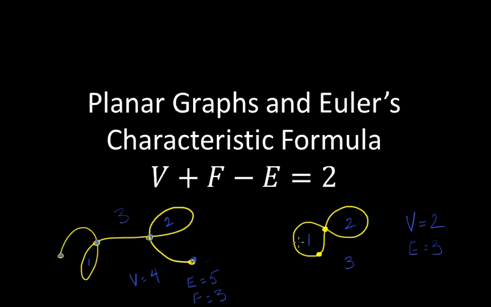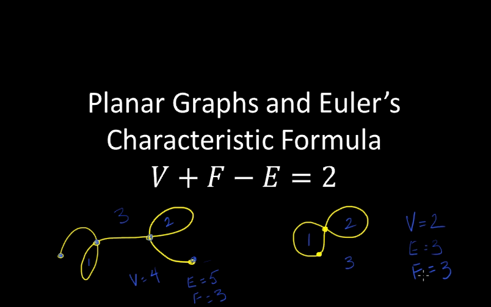In other words, the curve divides the whole plane into 3 regions. It encloses regions 1 and 2, and then the whole outside is another region determined by that graph. So we would say faces is equal to 3. Notice vertices plus faces is 5, minus edges, 3, is equal to 2.